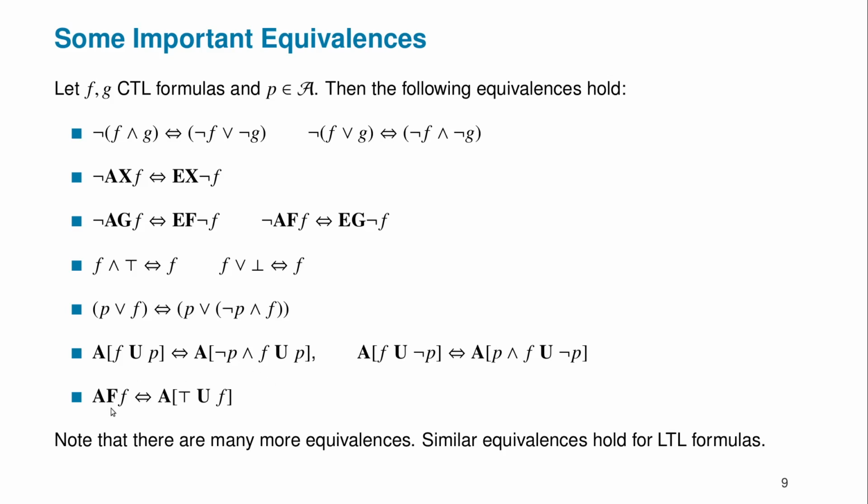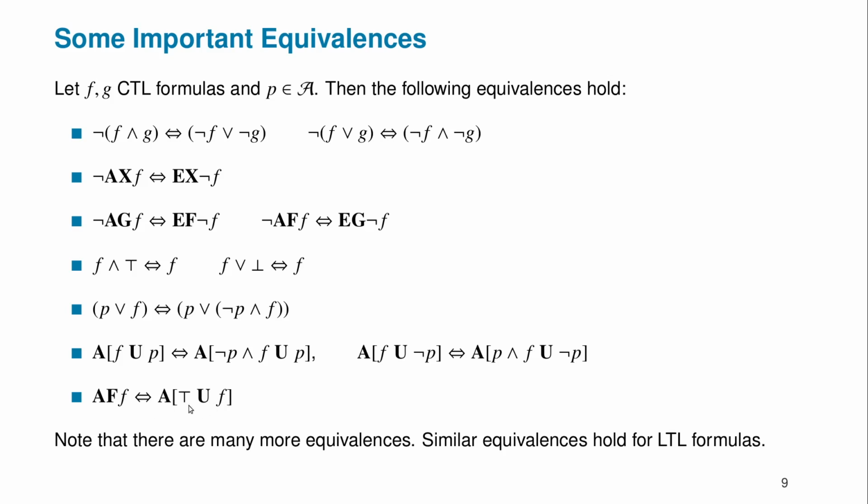Yeah, and then we can express always finally F as until operator as well, and this is the same as A(top until F). So there's only top on the right hand side, which is the formula that is always true, and at some point we have to find a state on all possible paths where F is true.